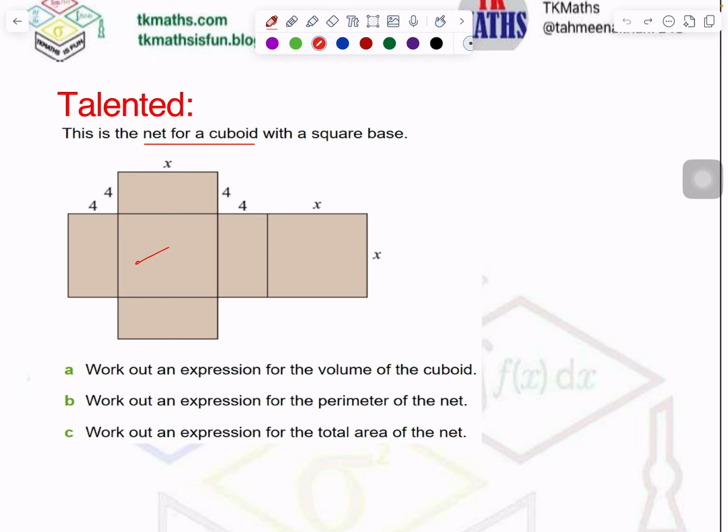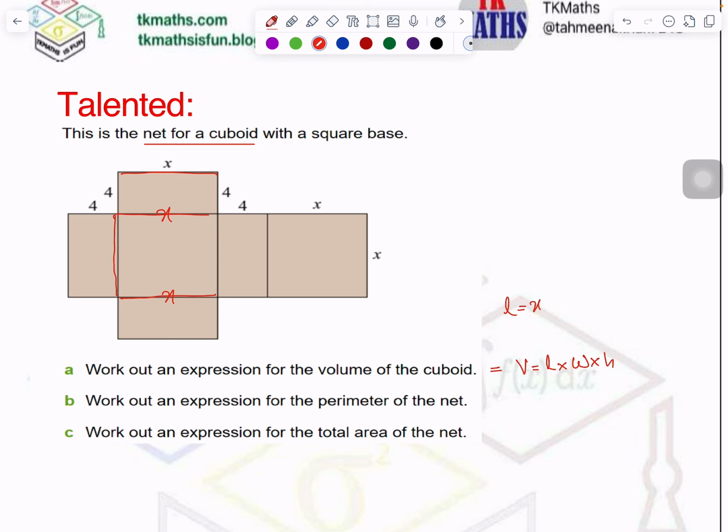Okay. First part of the question, work out an expression for the volume. Now we know volume is length into width into height. So if you close this box, this is my length, it will be across same, all this will be x. So length is x, and what is my width?